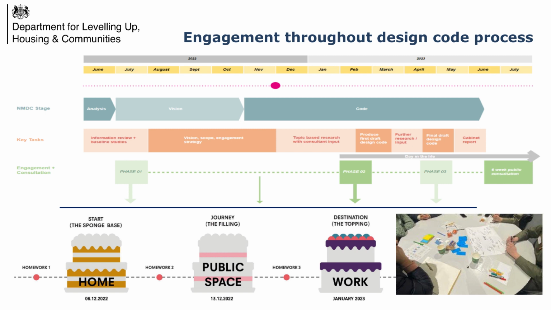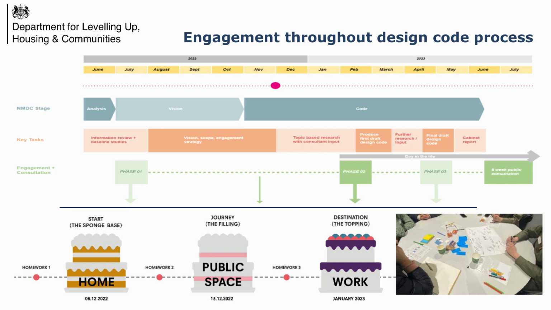This slide just shows two examples. The first at the top shows the Pathfinder planning for its engagement across its whole coding process. The second looks at a very thematic engagement and specific stage in the coding process, focusing on understanding people's relationship to the workplace post-pandemic, and what this means for priorities for design codes.